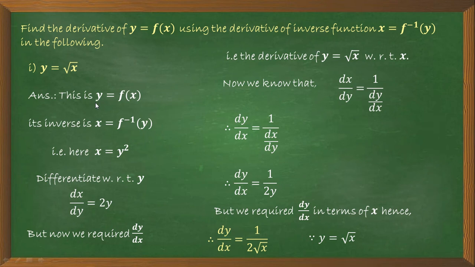Again, first of all we find the inverse function, that is x is equal to y square, and then we differentiate it with respect to y. We get dx by dy is equal to 2y. Then as per the theorem, dx by dy is equal to 1 upon dy by dx, we get dy by dx as 1 upon 2y, and then we convert that 1 upon 2y as 1 upon 2 root x.